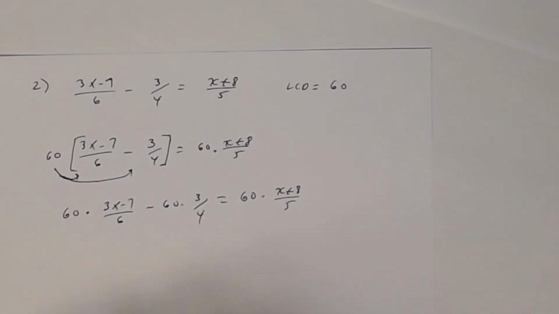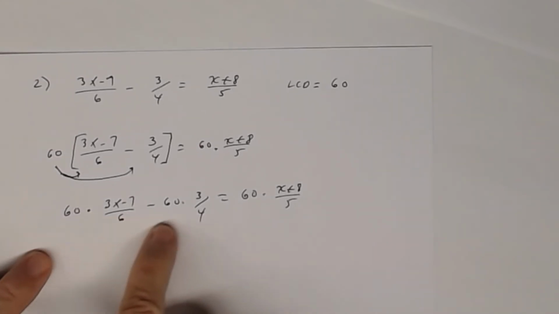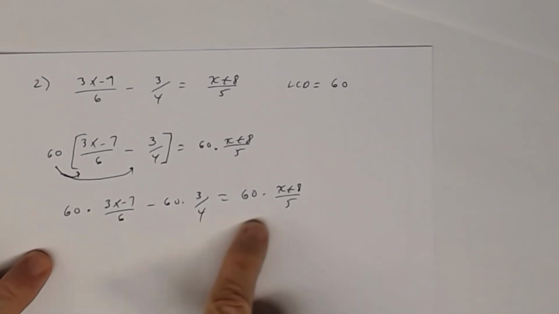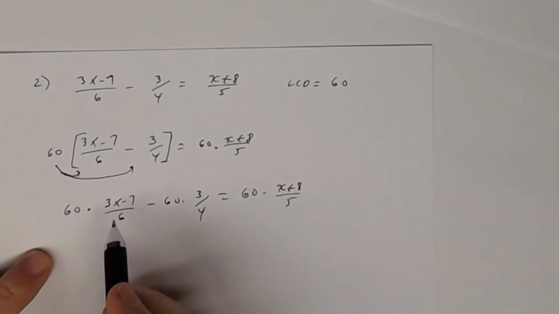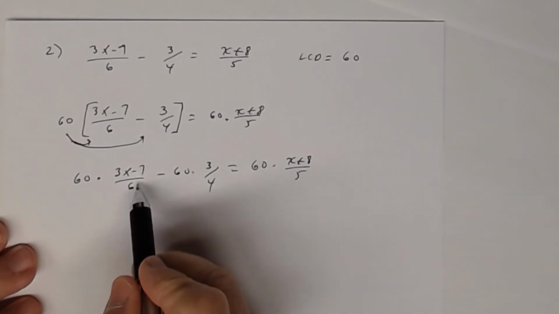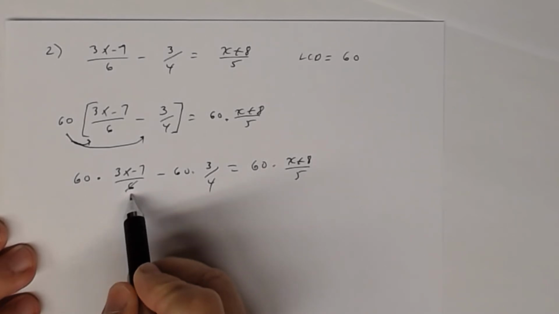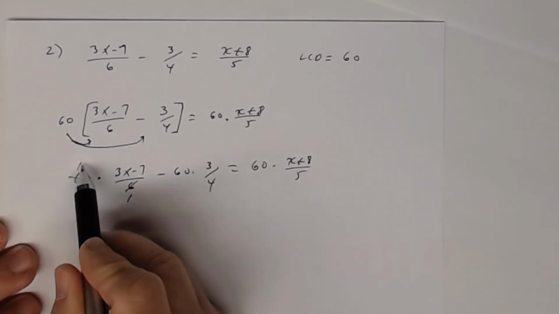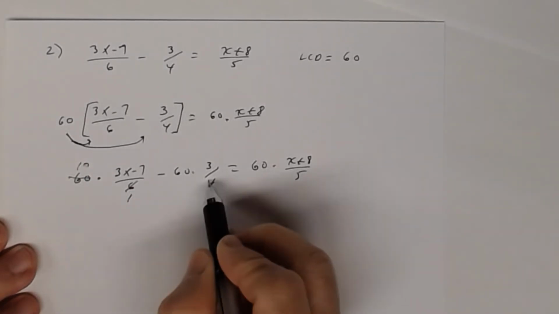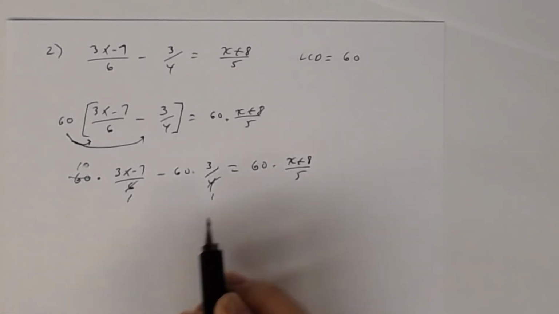Now the next step is to get these denominators to be 1s. When you reduce, a 6 and a 6 is 1, 6 into 60 is 10, and 4 into 4 is 1.